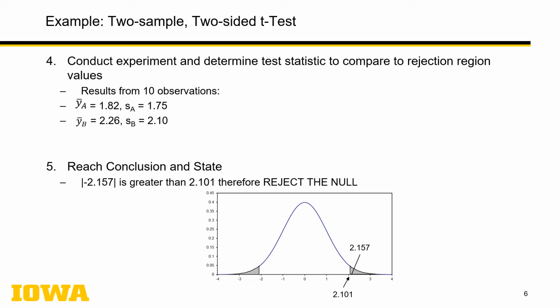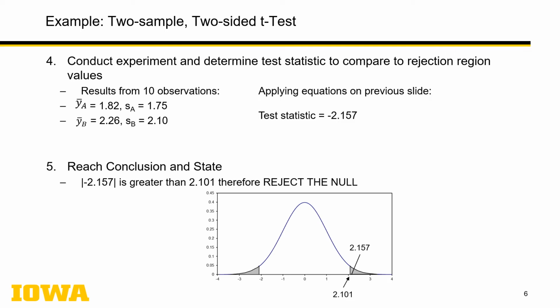Go out and conduct the experiment, gather our data, and we have determined that there is a mean of 1.82 for the first site and 2.26 for the other. Slightly different standard deviations as well. And we can now determine the test statistic by applying those extensive equations on the previous slide, and we end up with negative 2.157.